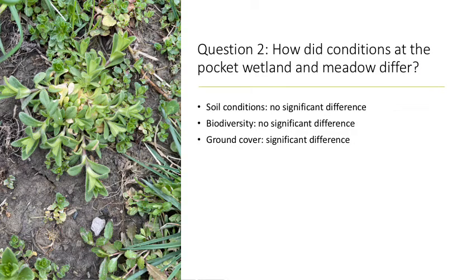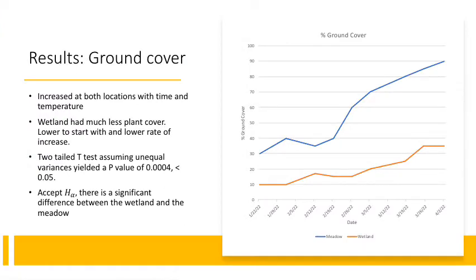To answer my second question, how did conditions at the pocket wetland and the meadow differ? I came to the conclusion that the soil conditions demonstrated no significant difference, and that biodiversity values also demonstrated no significant difference. The percentage of ground cover, however, did see a significant difference. The pocket wetland consistently had much less vegetative ground cover than the shortgrass meadow.